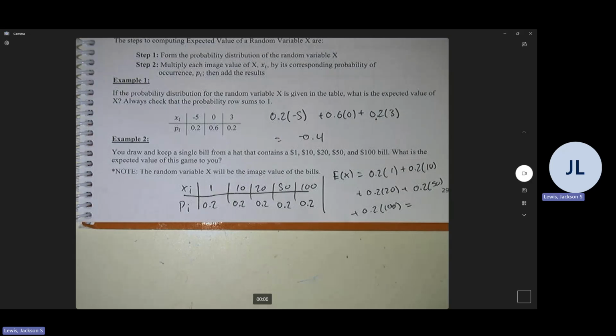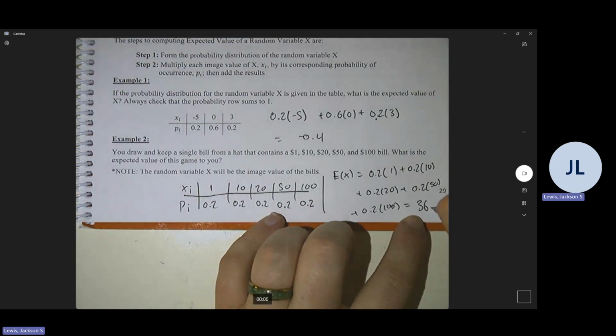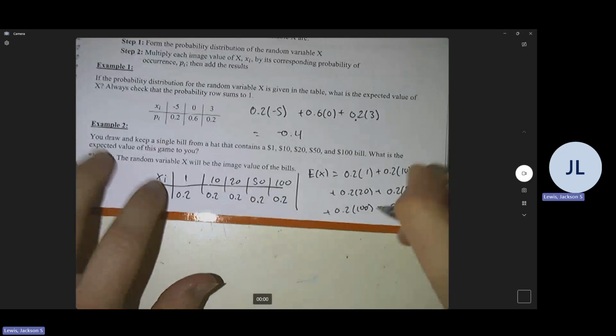Looking at my calculator, 0.2 times 1 plus 10 plus 20 plus 50 plus 100, and I get $36.2. So if I continue this out, the average draw is going to be between the 20 and the 50.